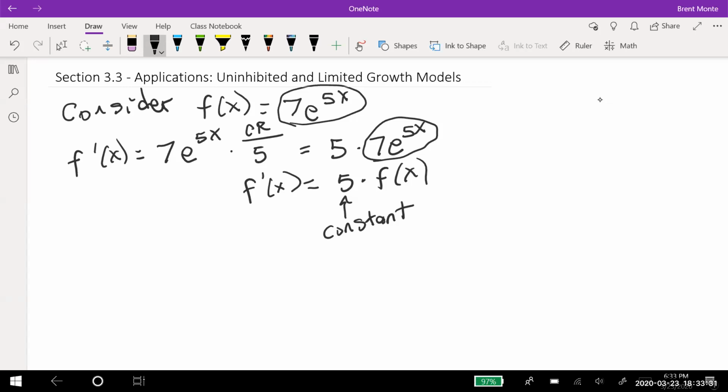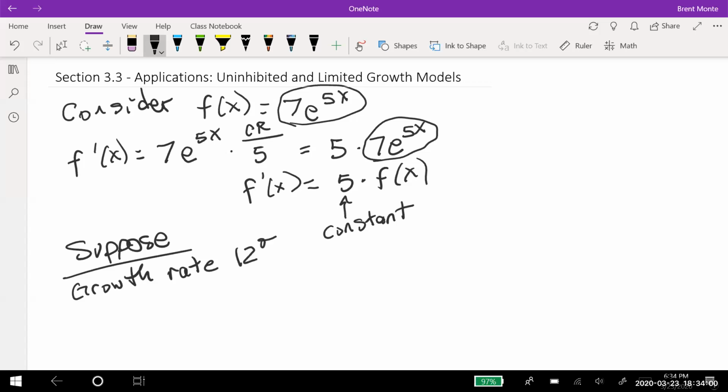So think about a business application where you're growing at a certain percentage every month, every year, whatever it is. That would be easy to model with a function. I'll show you what I mean. Suppose our growth rate is, let's say 12%, just so that we have a nice number.